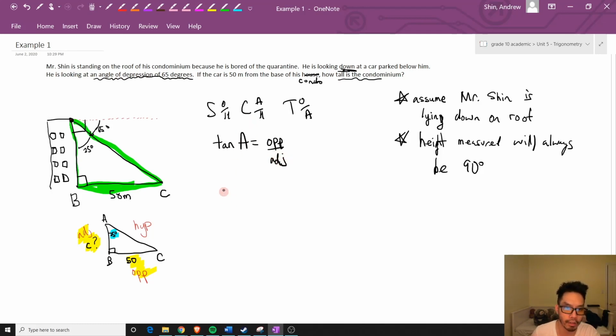And we know angle A is 25 degrees. We know our opposite is 50, and the adjacent is unknown, which is little c. And we need to solve for c here. To solve for c, this is a fraction. We need to get rid of the fraction first, so the opposite divided by c is multiplying by c. So c times tan 25 equals 50.